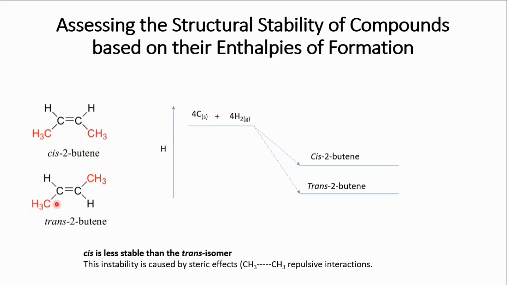In trans-2-butene, the methyl groups are quite far from each other, whereas in cis-2-butene, they are quite close. And so you have repulsive interactions in cis-2-butene, which reduces its stability. So just by looking at the standard enthalpies of formation, you can tell which isomer is more stable. The one with the lowest enthalpy of formation is more stable.